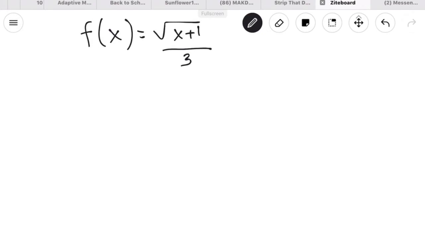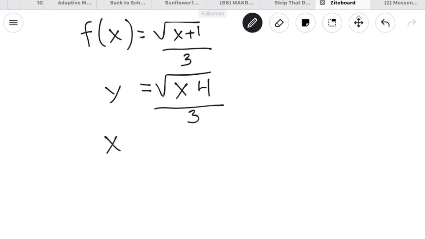So f of x becomes y equals square root of x plus 1, all over 3. And then we need to interchange y and x. So y becomes x, and x becomes y plus 1, all over 3. And then we need to solve for y in terms of x.